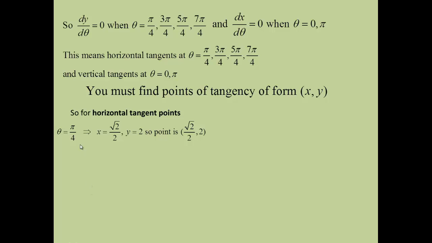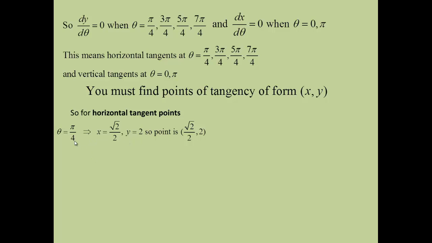So if we toss pi over 4 in for theta, we get the x coordinate as square root 2 over 2. And for the parametric equation y equals 2 sine theta, we get y equals square root 2.